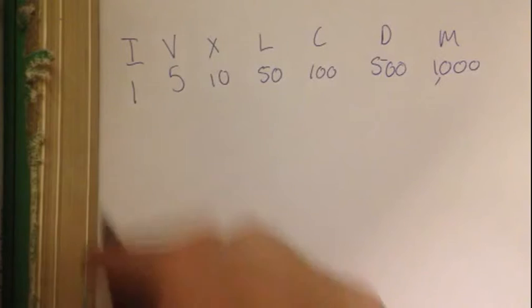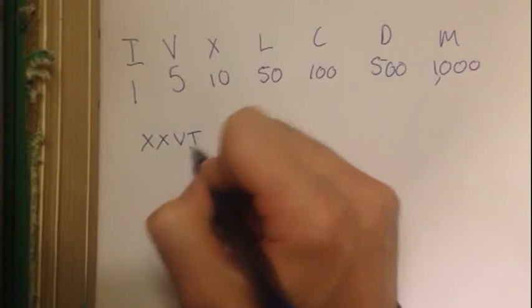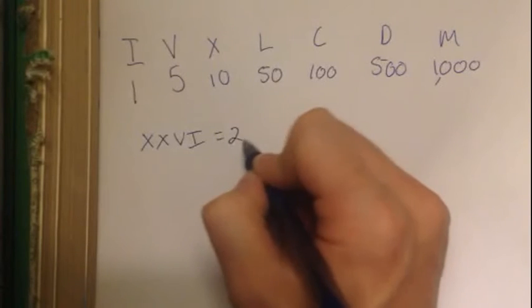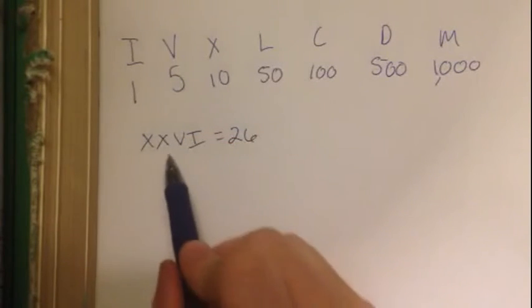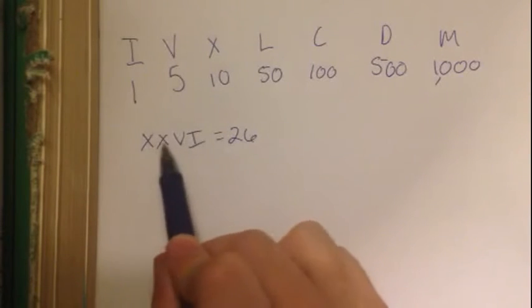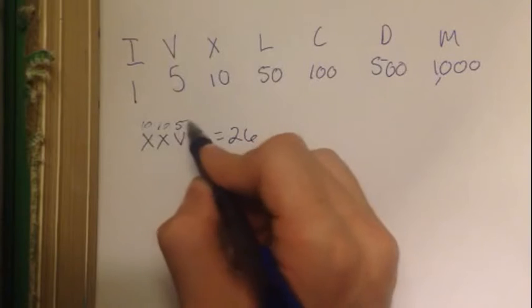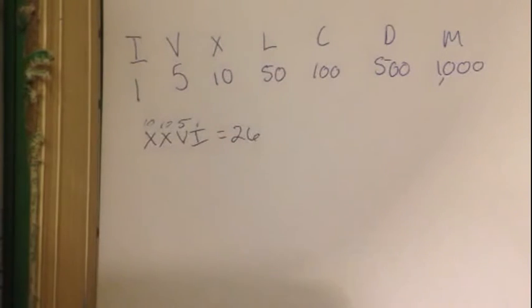Okay, so for instance, XXVI would equal 26. You have a lesser or an equal after. So it would be 10, 10, 5, 1. You just add them all up.